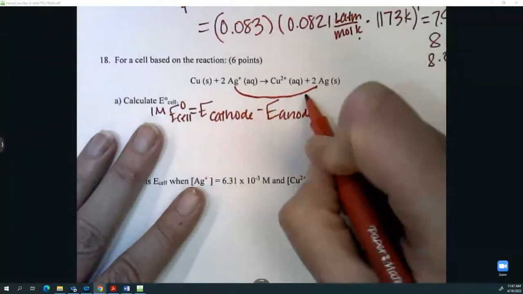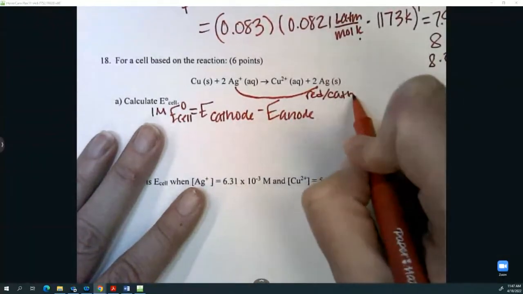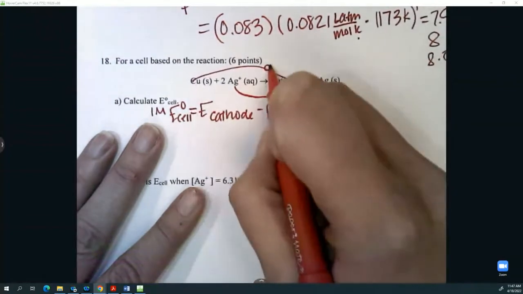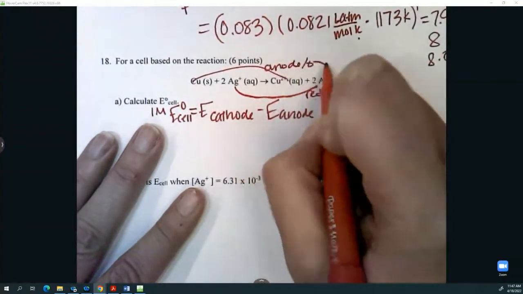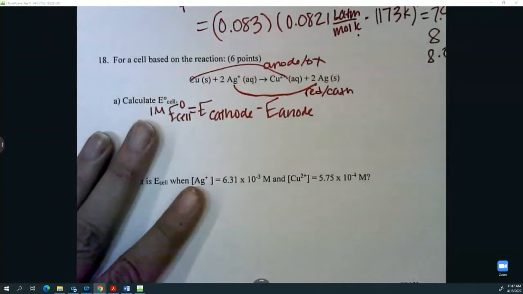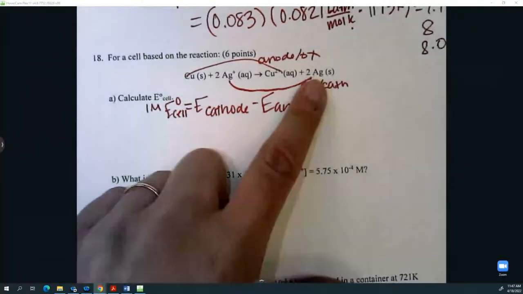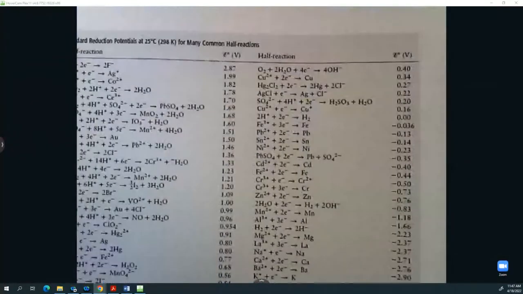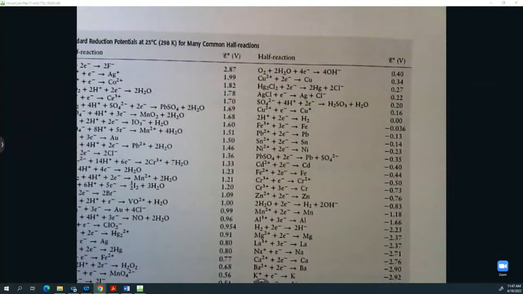I can see it went from 1 to 0. So that's the cathode. And so then the 0 to 2 plus is the oxidation. That's the one that went up. So that's my anode. So I need to find my silver. It's going to be between silver and silver plus if I see silver more than once.